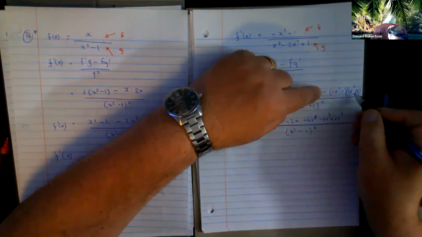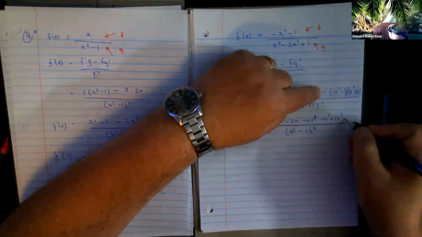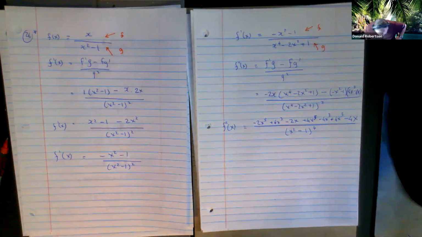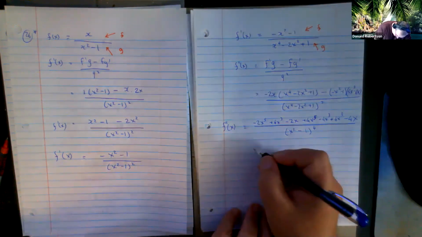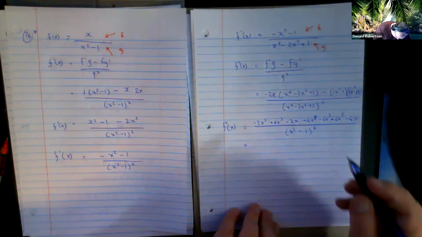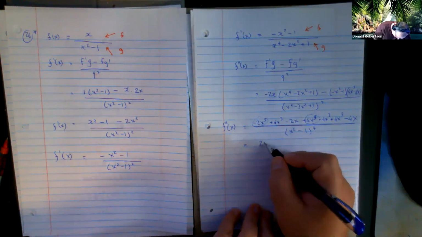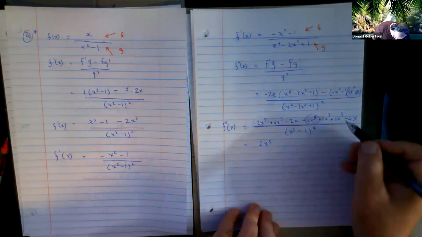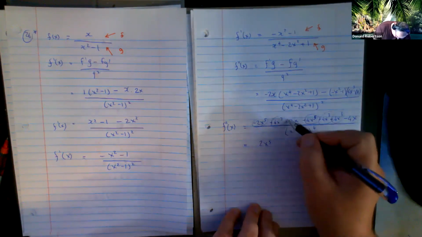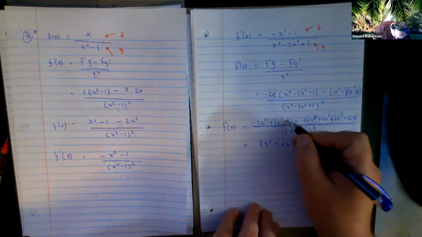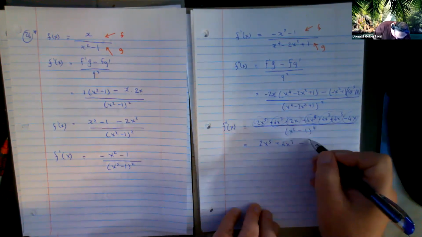And the last one is positive 4x, and then you subtract it. This term and this term get me 2x to the 5. This term and this term get me 4x cubed. This term and this term get me negative 6x.